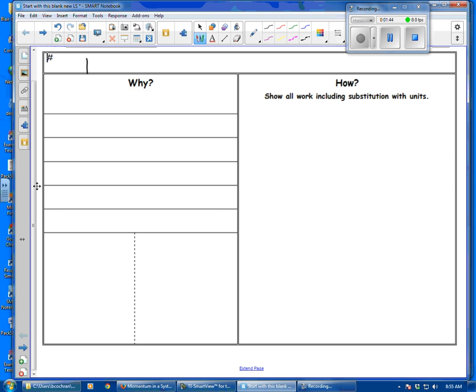I would start off with, let's see, the 2 cars are a system. And that's really important because I know that momentum is conserved in a system.